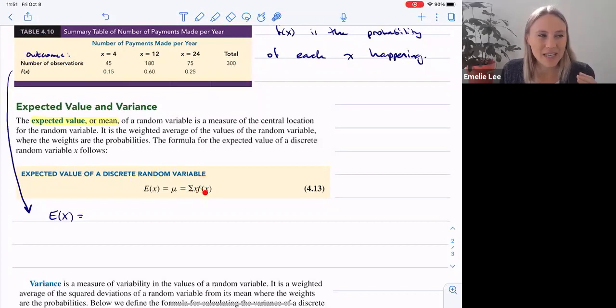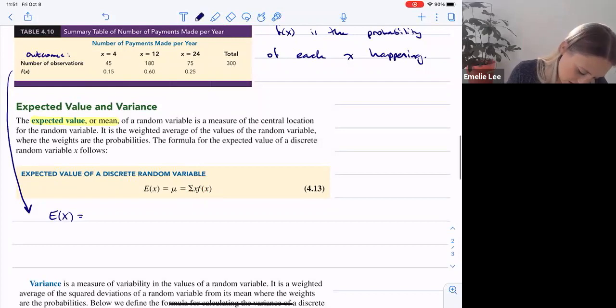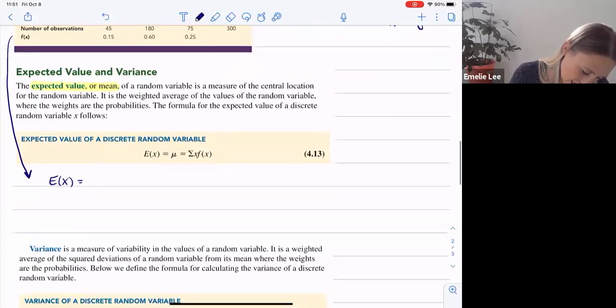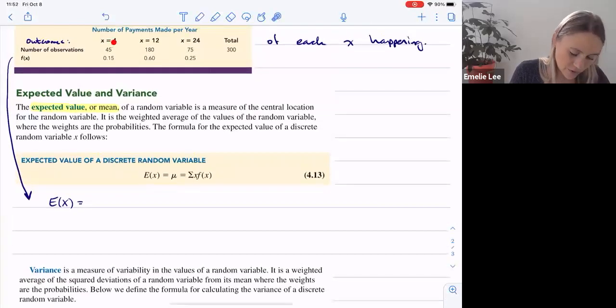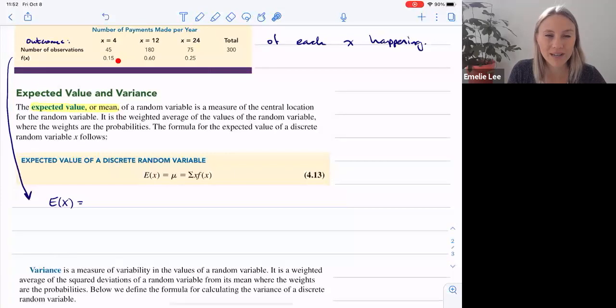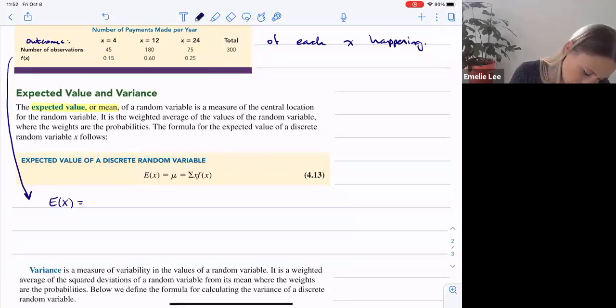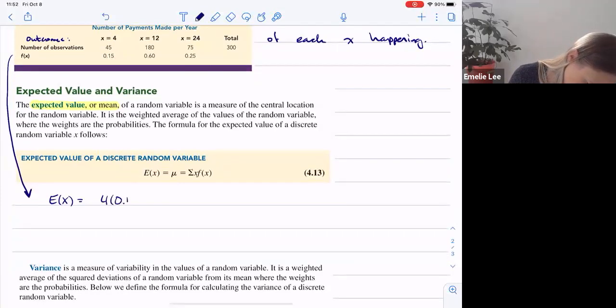So I have the sum of x times f of x. x for the first outcome is 4, and f of 4 is 0.15. So I have 4 times 0.15 plus 12 times 0.60 plus 24 times 0.25.